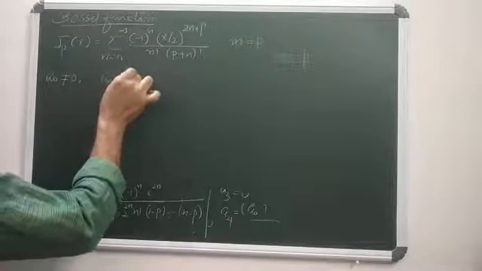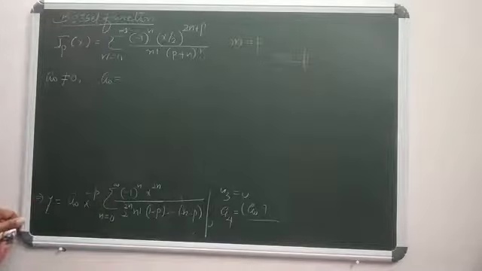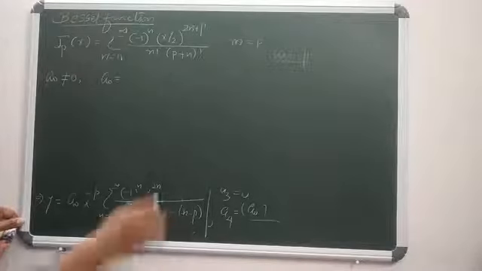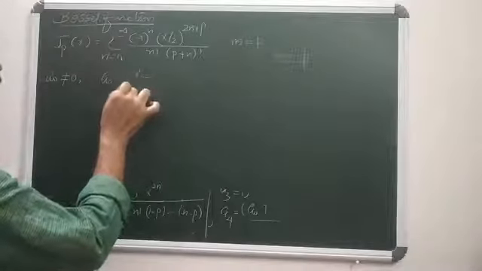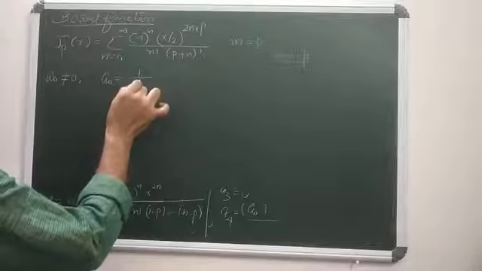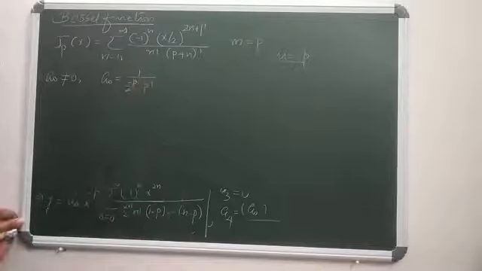Here put a0 equals, as in the previous case, a0 is 1 by 2 power p factorial. Here you can replace it this way: a0 is 1 by 2 power minus p into p factorial.